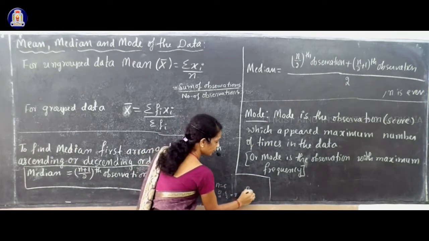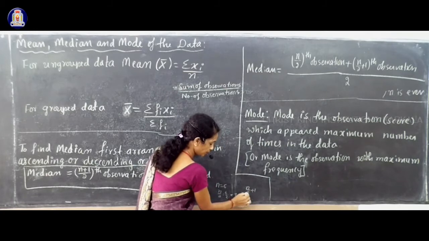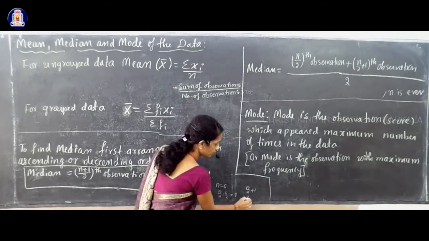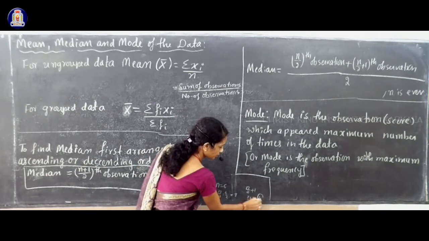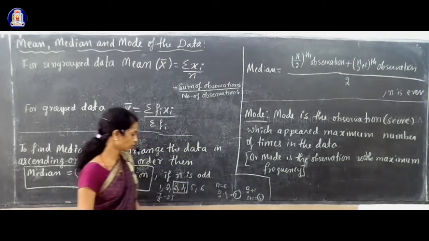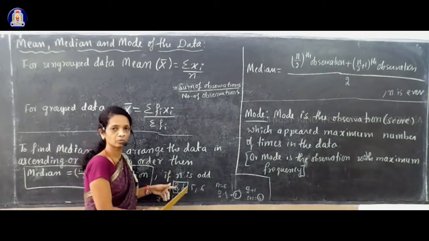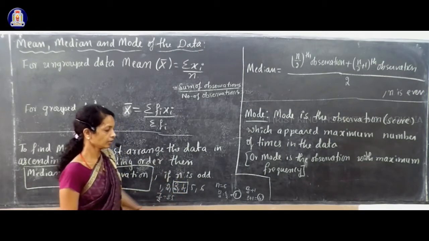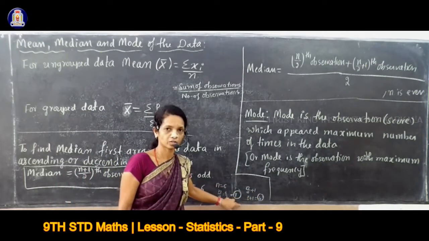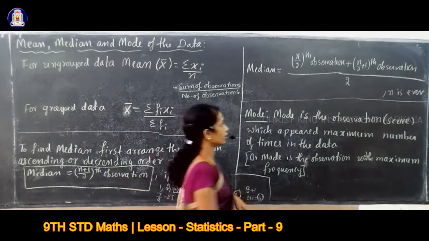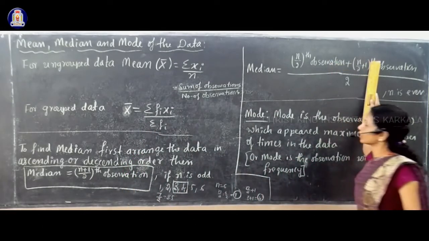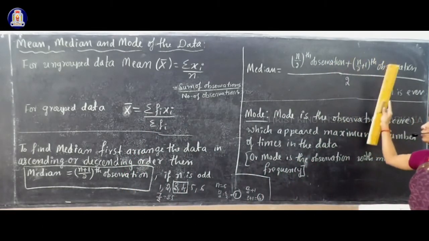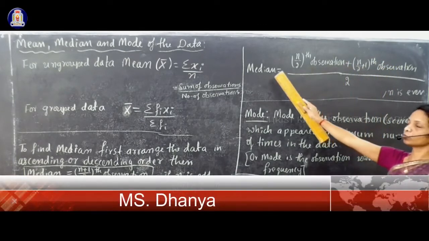And the next, n by 2 plus 1: n by 2 we have already, that is 3. 3 plus 1, that is 4. That means the third and the fourth observations are the two middlemost observations. So like that you have to find the two middlemost observations, and the sum of those two divided by 2 gives you the median.